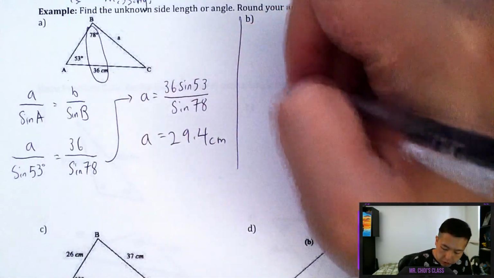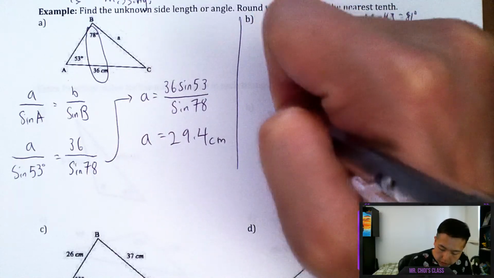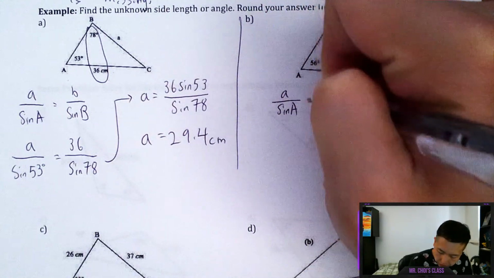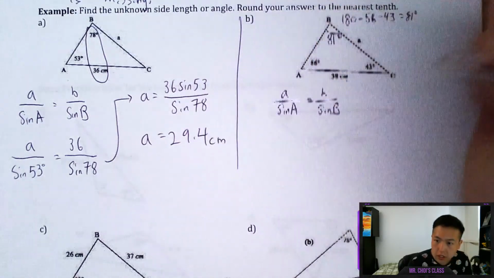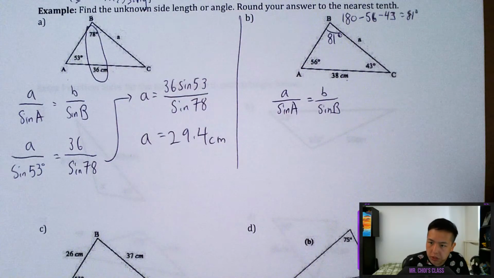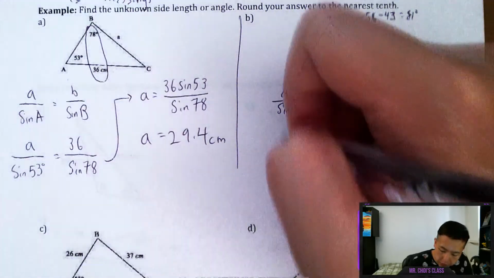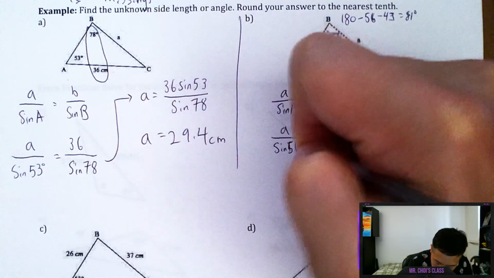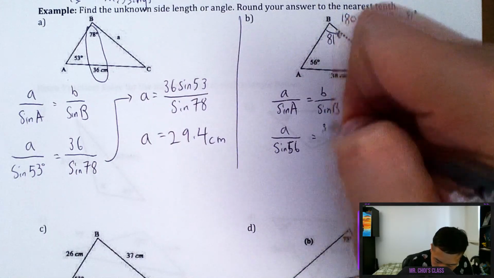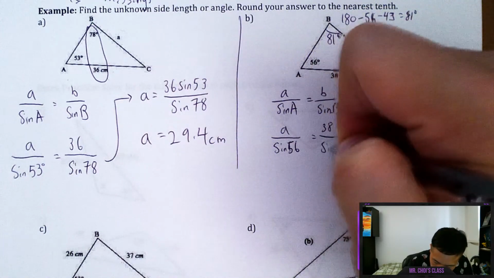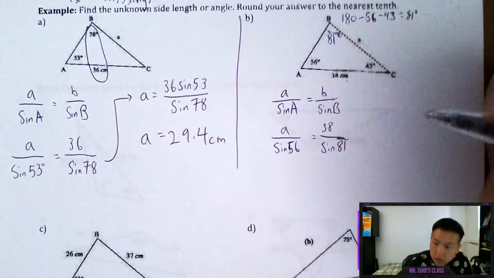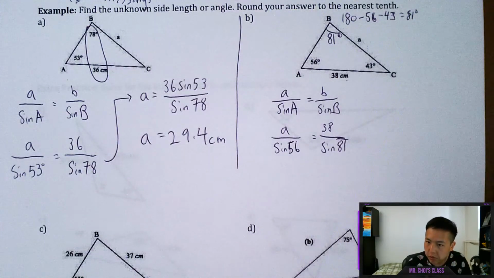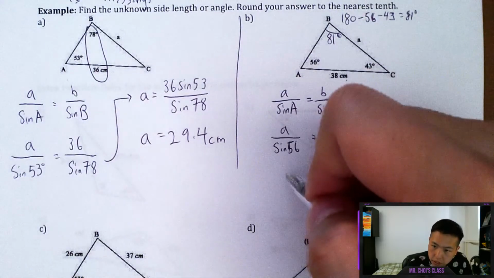So when we set it up, we're solving for a side length, so we're still going to copy that same formula. A over sine A equals b over sine B. We plug in everything that we know. And then we multiply the sine 56 to the other side.